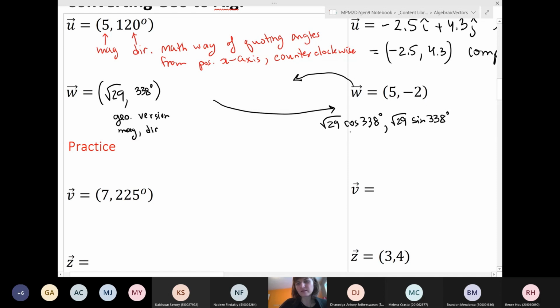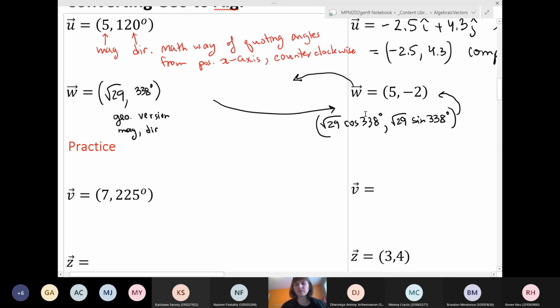Do you get roughly this back? I'd like you to verify. Type on your calculator, put in square root of 29, press equal, so you have that number, then times cosine of 338. I'm getting 4.993 something. So it's not exactly 5 because that angle was rounded. So do you see how you can easily go back and forth, back and forth?